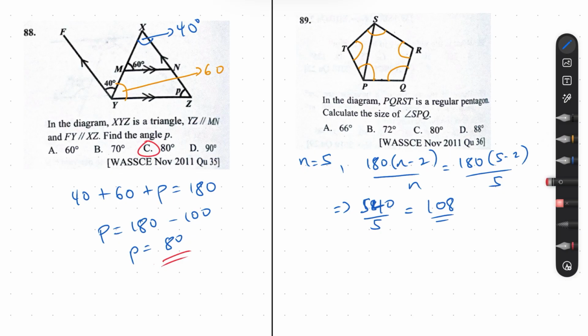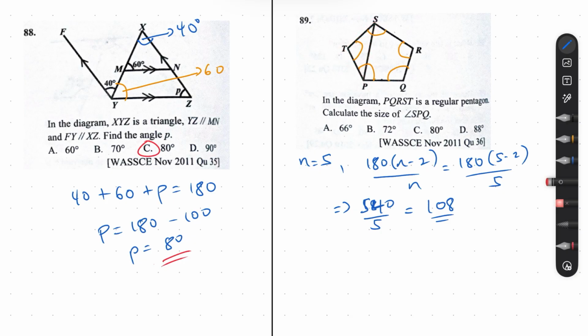Now, since this is a regular polygon, that means the sides are all the same. Okay? The length of the sides are the same. That means this triangle over here will be an isosceles triangle because the length of two sides will be the same. That means this angle right here and this angle right here will be the same. Okay?